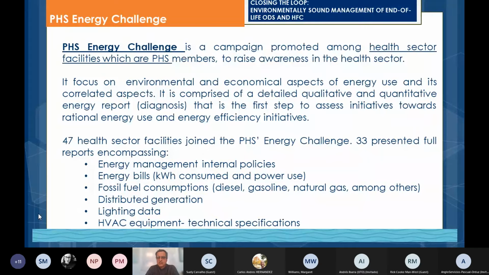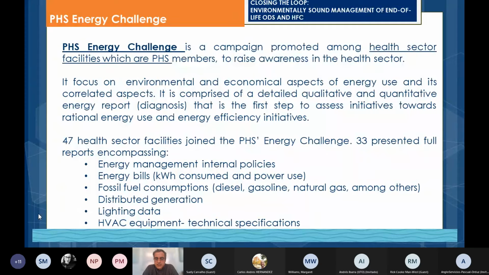The end-of-life ODS and HFC management is related to all these 4 challenges, but they are more directly addressed by the energy challenge, which went into full operation at the end of 2020.